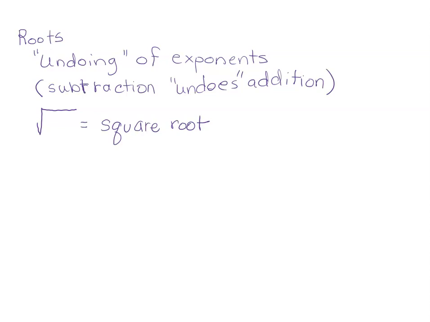So it's possible to have a cube root and a fourth root and fifth root and so on. I'm going to say n just for the generic number, and that means we're having an nth root.